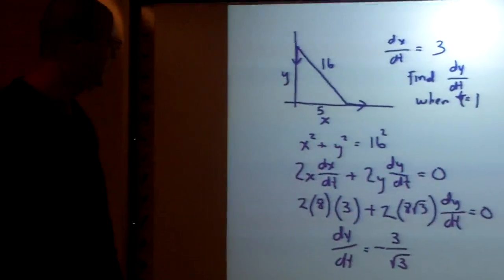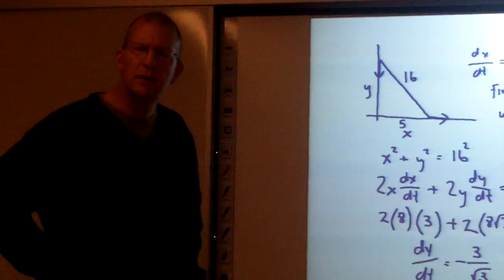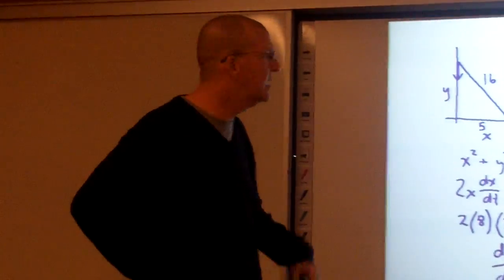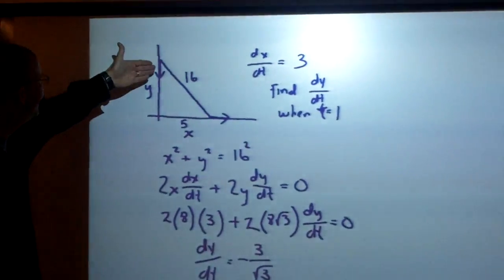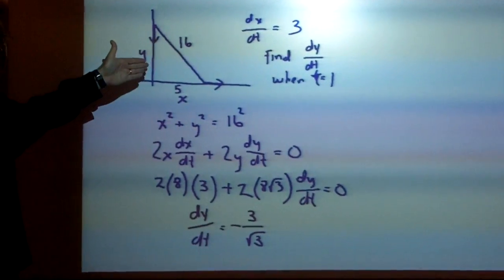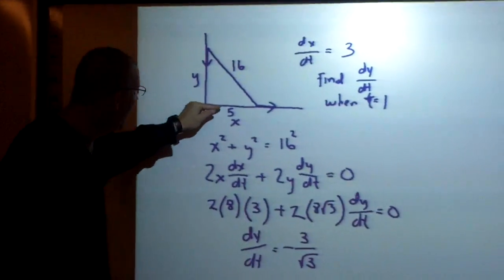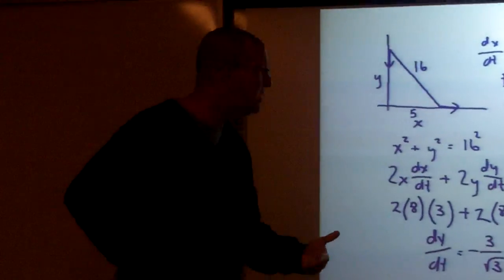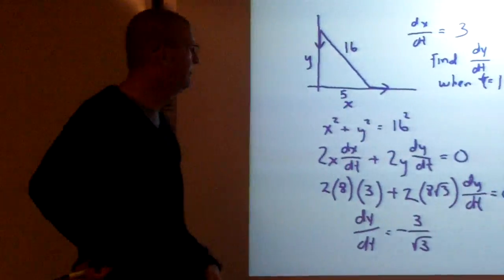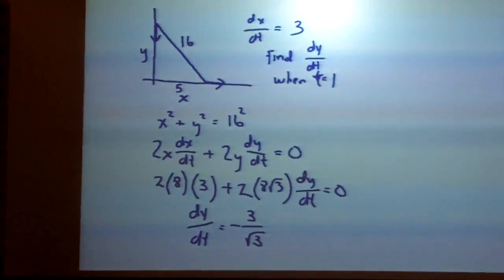Now, does that make sense? The ladder is sliding down, so that rate should be negative. The bottom is going out, that rate should be positive. And sure enough, that's how this works.